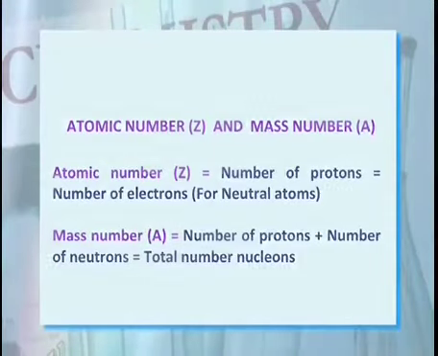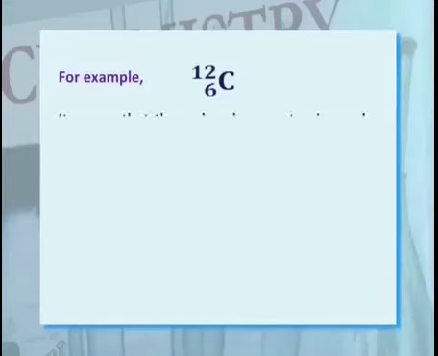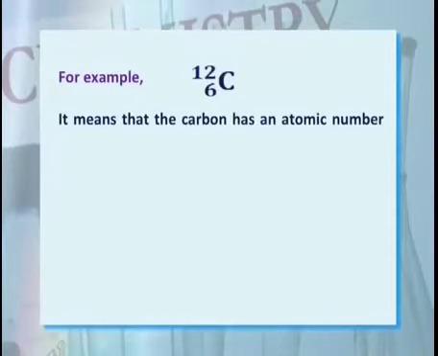Atomic number and mass number are represented on the symbol of an element. An element, suppose X, with atomic number Z and atomic mass number A is denoted as shown. For example, carbon 12 6, it means that carbon has atomic number 6 and mass number of 12.